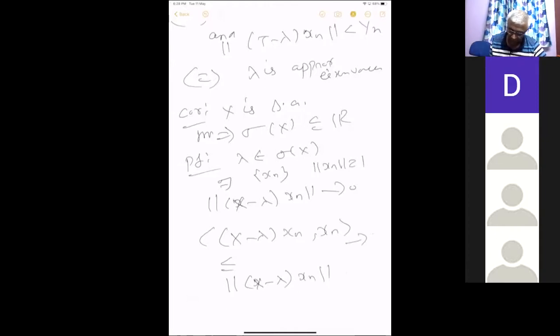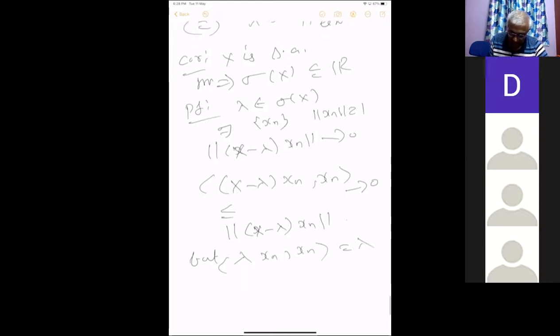But the inner product of lambda x_n with x_n is just lambda. So you have a sum of two sequences: the inner product of X x_n with x_n, and lambda times the inner product of x_n with x_n, which is just lambda. So these imply that the inner product of X x_n with x_n converges to lambda.